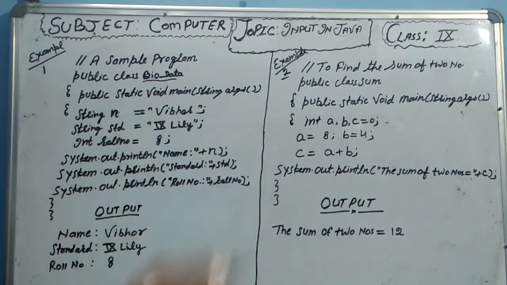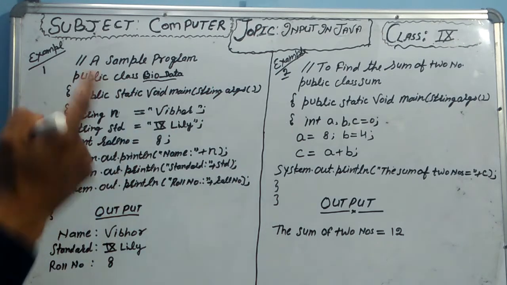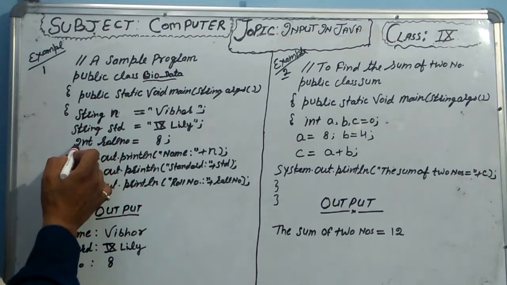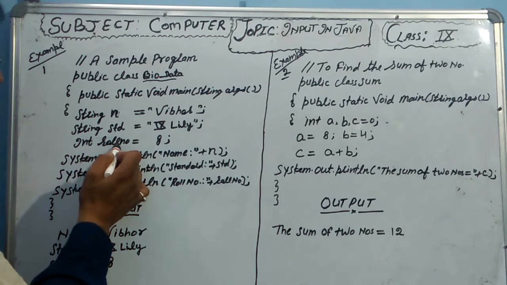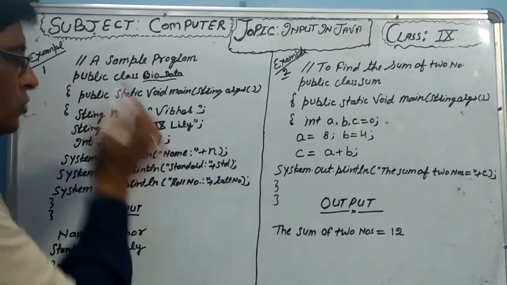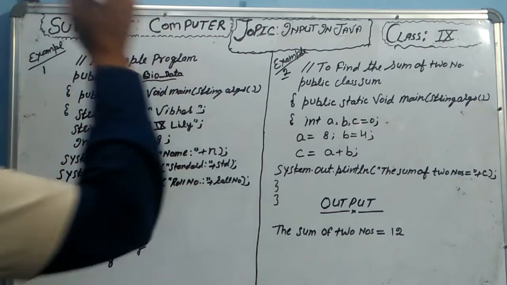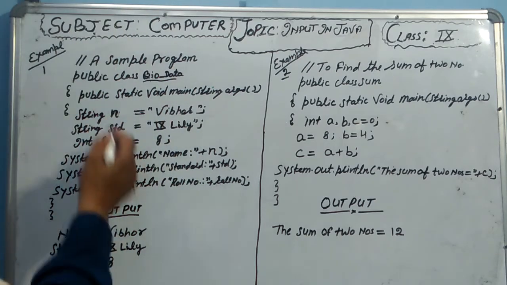Now, according to the question, we also have to print the roll number. Roll number may be an integer type of data, numeric. So we use int roll number is equal to, suppose, 8. We have given all the values according to the question: name, standard and roll number.